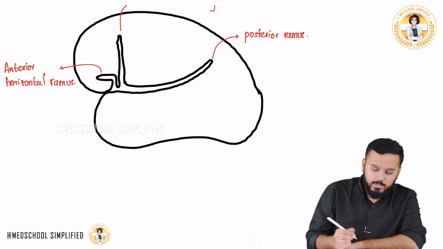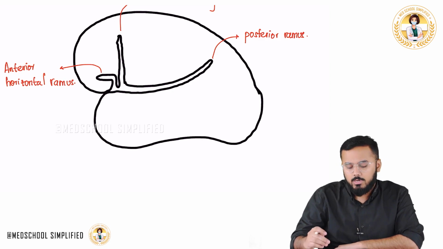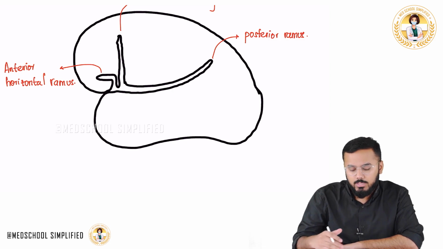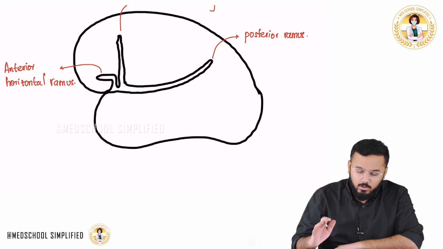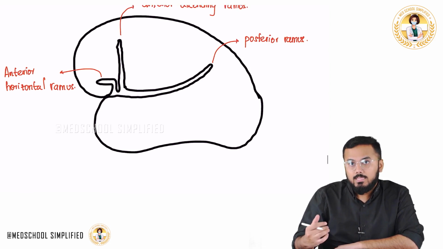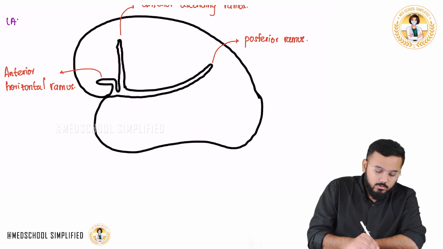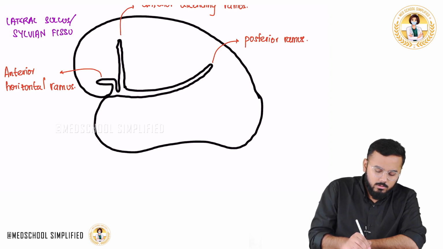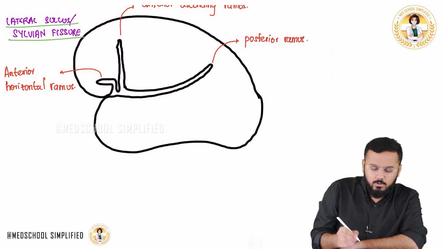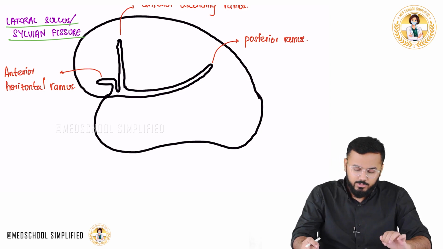So: anterior ascending ramus, anterior horizontal ramus, as well as a posterior ramus. These are the rami located on the lateral sulcus, which we can also call the Sylvian fissure.